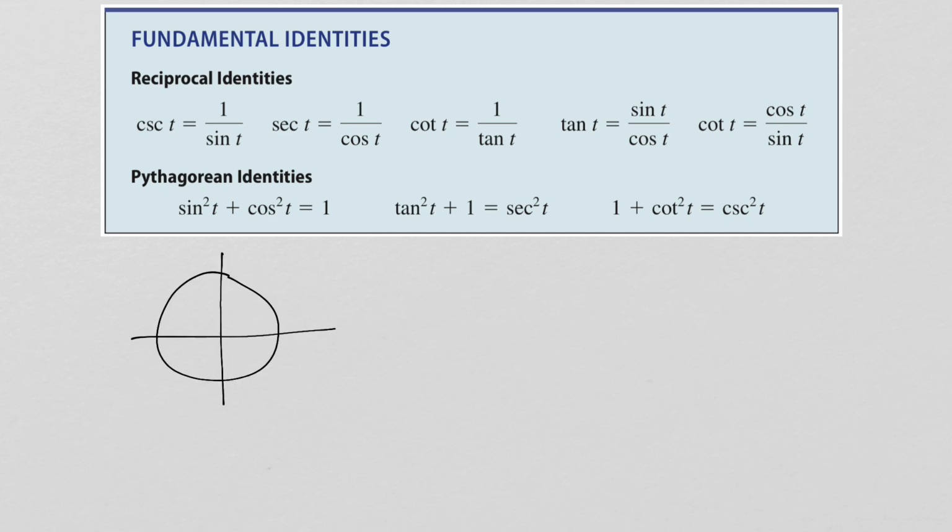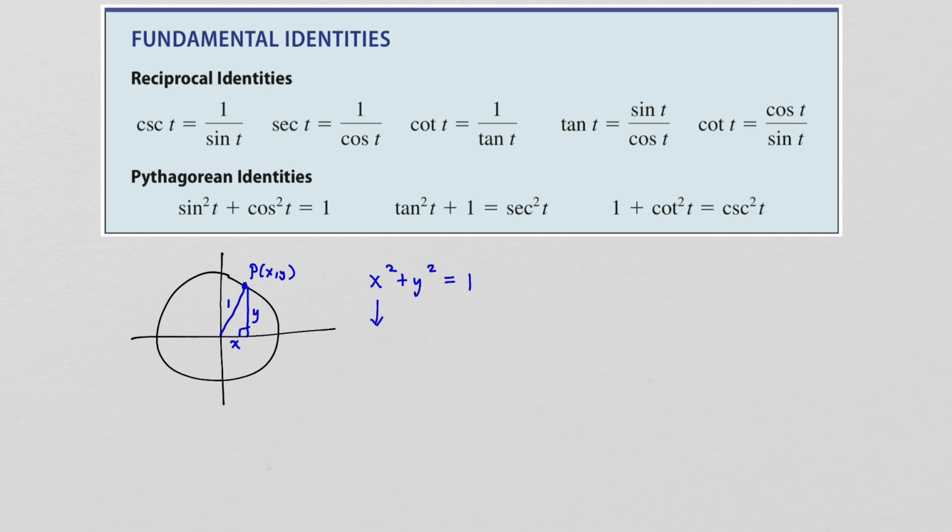If you consider being on the unit circle at some point P here, which has coordinates x and y, I can draw a representative triangle where this side of the triangle is x, this side is y, and the hypotenuse is 1 because it's the unit circle. We know that x squared plus y squared must be equal to 1.